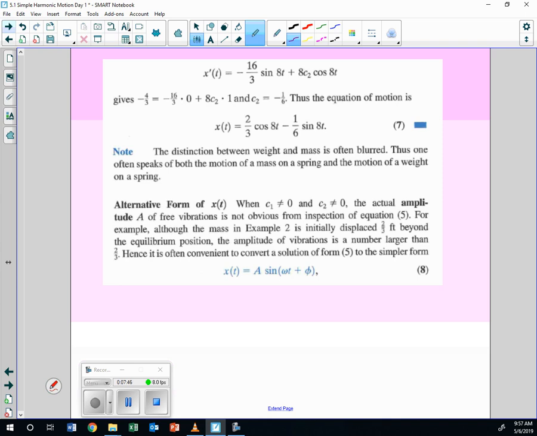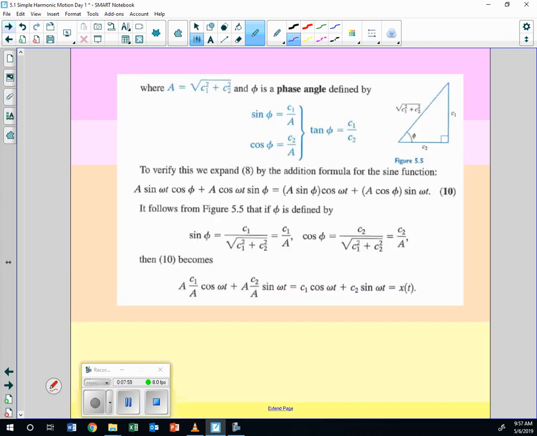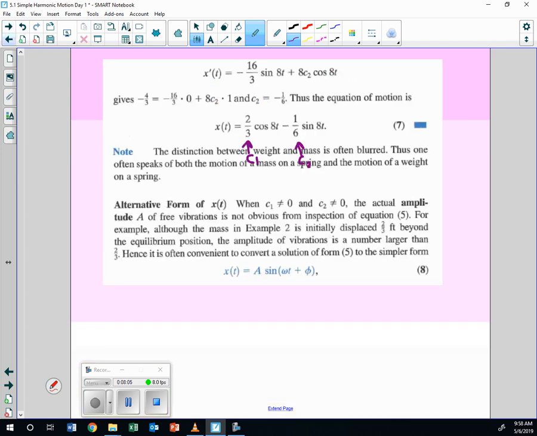And then here's the final thing I wanted to show you, and that is we can represent these C1 and C2 on a triangle. The way that you do that is C1 cosine here, sine here.